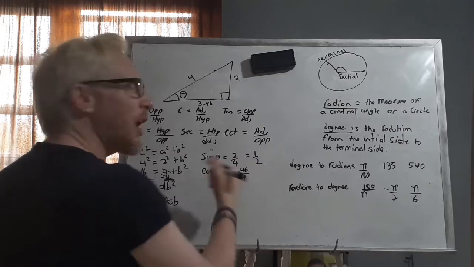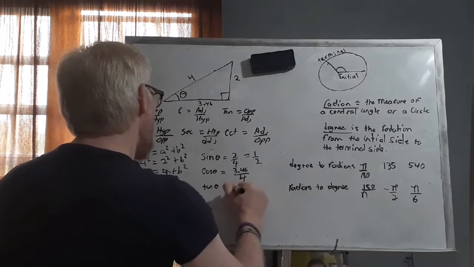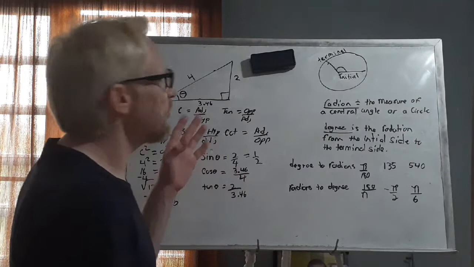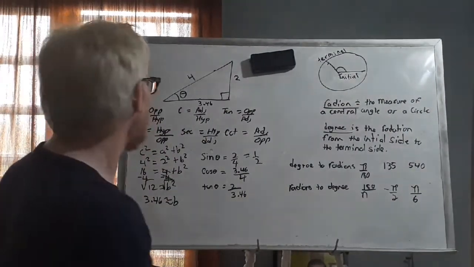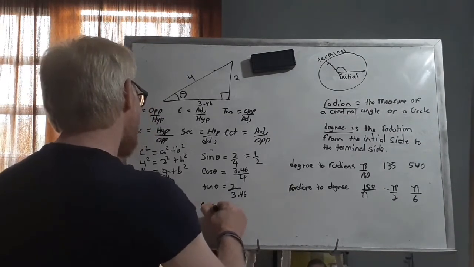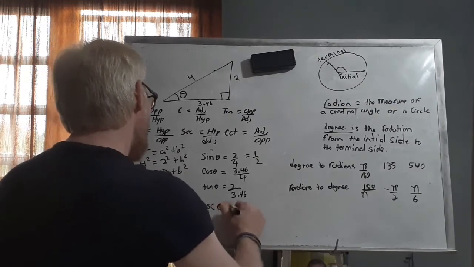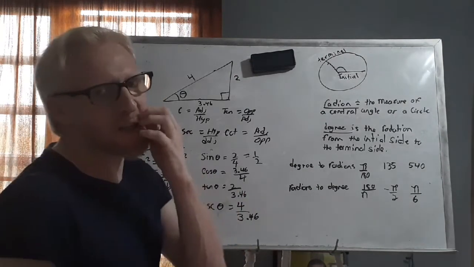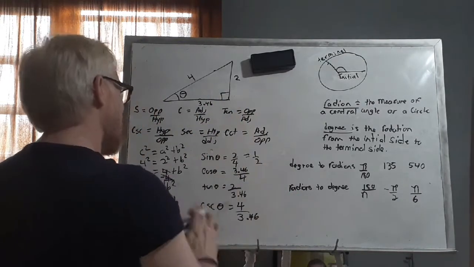Our tangent, which is our opposite over adjacent, so we'll say that the tangent of z equals 2 over 3.46. And then we have the cosecant, which is the reciprocal of the sine, so we'll say it's 4 over 3.46. Cosecant of z equals 4 over 3.46. Our secant is our adjacent, or our hypotenuse over our adjacent. I'm sorry, I made a mistake.